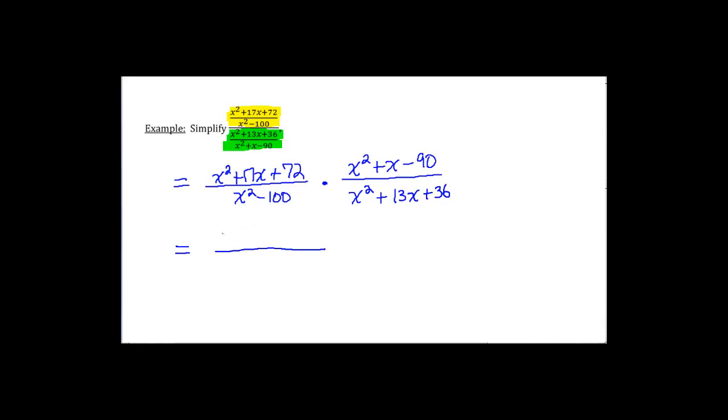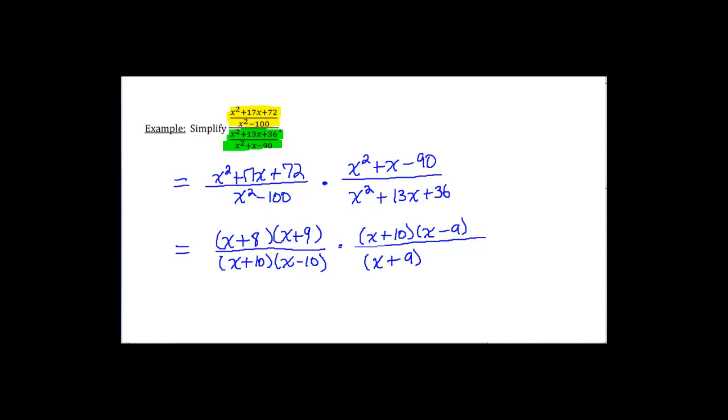All right. So I have my multiplication. In order for me to cancel my common factors, I have to have it in factored form. So I'm going to factor everything, as you can see here. All right, and everything is in factored form.